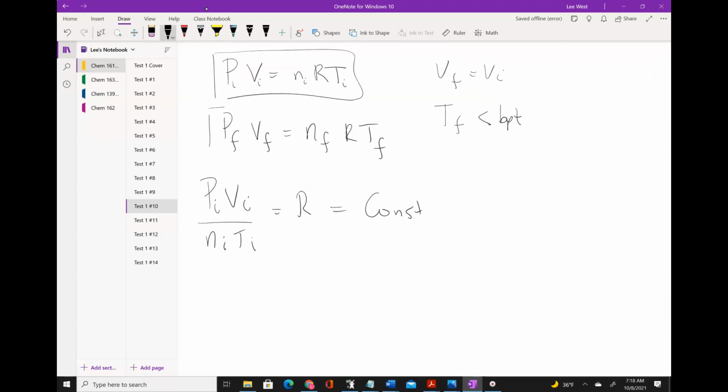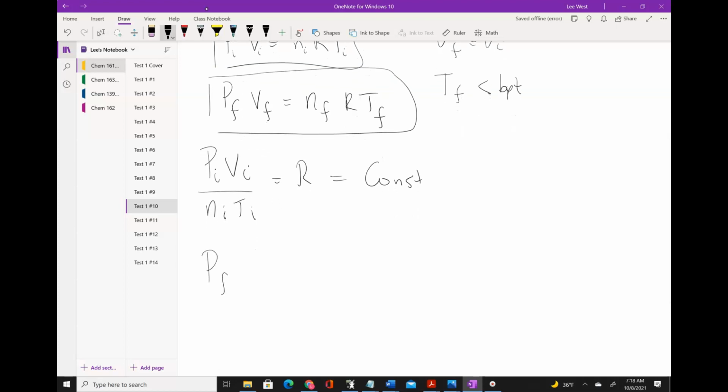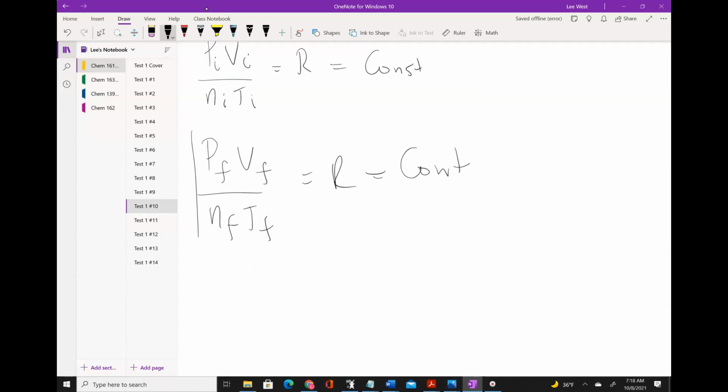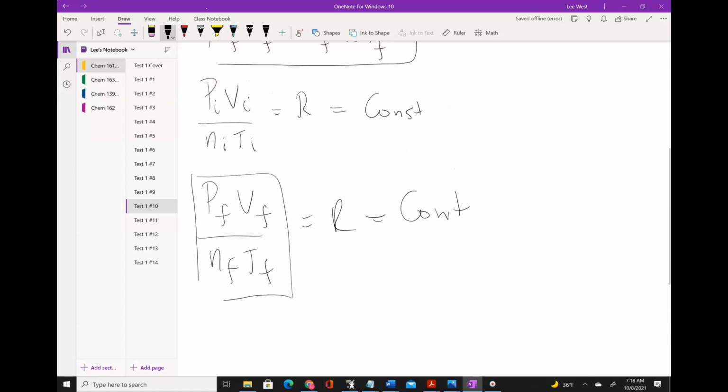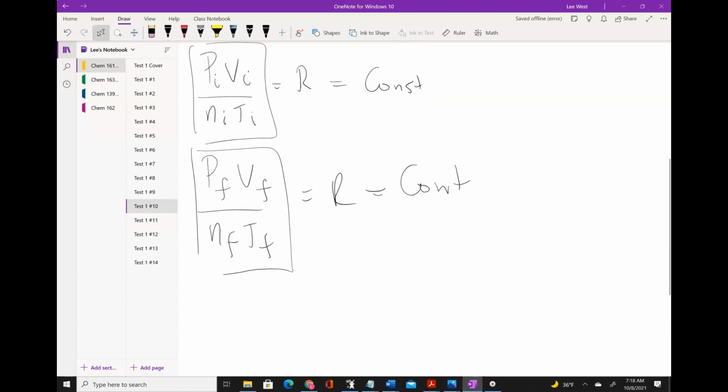And if I reorganize the second form of the ideal gas law, you can see that I would get the same expression, equal to R, which is a constant. So put that together, it really just means that this thing equals that thing. So that's called your combined gas law.